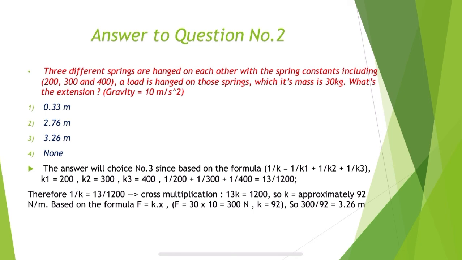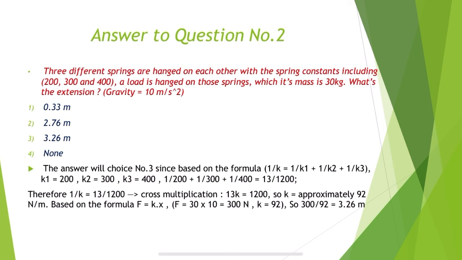Based on the formula that you have to refer to in part number 1, F equals kx, force equals spring constant times the extension. Force is equal to the weight of that load because it is being placed on earth.